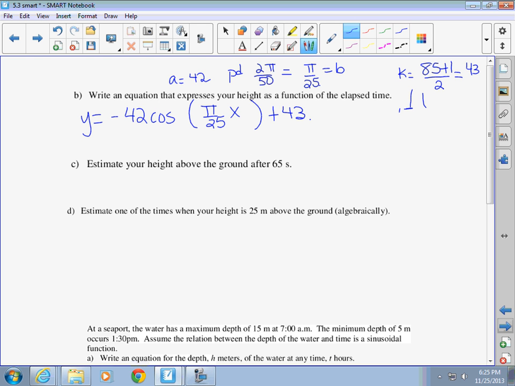So you could change this into a function in terms of height and time by just doing h of t is equal to negative 42 cos, pi over 25 x plus 43.